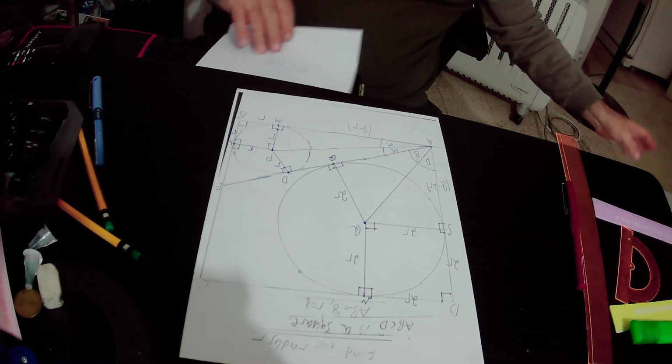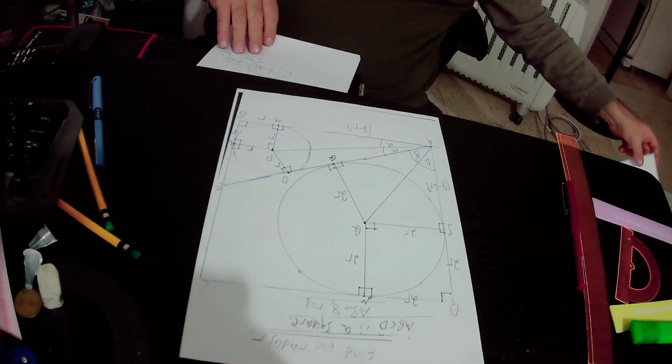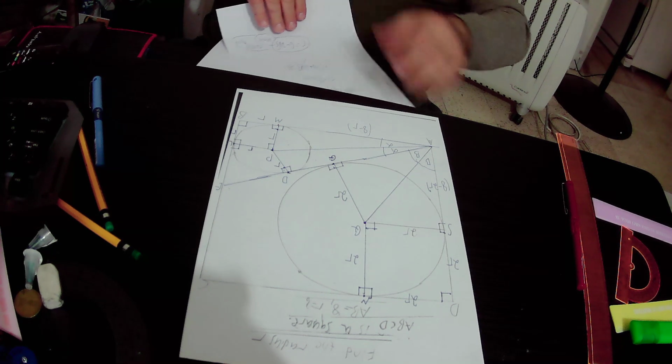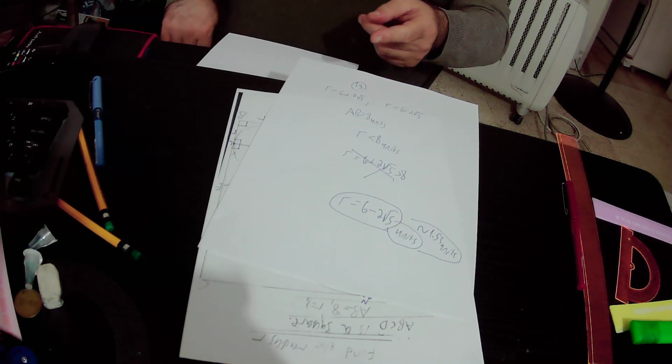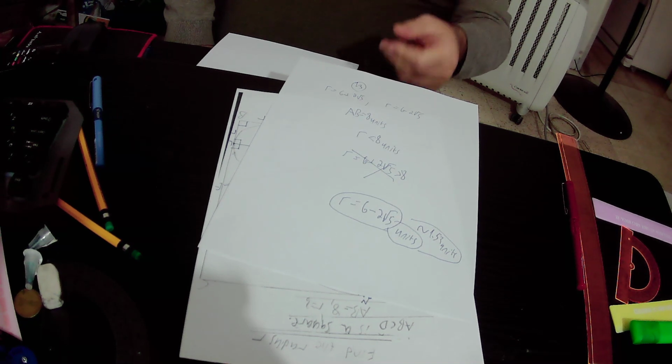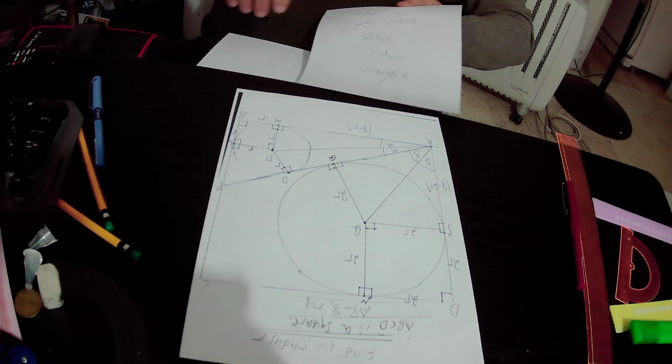The first answer is that the radius equals 6 plus 2 times root 5, and the second answer is that the radius of the small circle equals 6 minus 2 times root 5. But we know that AB equals 8 units.